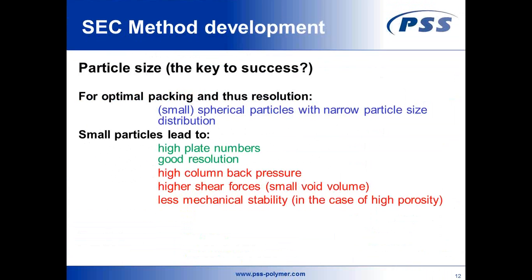So obviously the highly recommended way is to make the particles as small as possible, because when you have small porous particles inside of your column, then you have less interstitial volume, you have more pore volume, you get higher plate counts, and you get better results, better resolution.